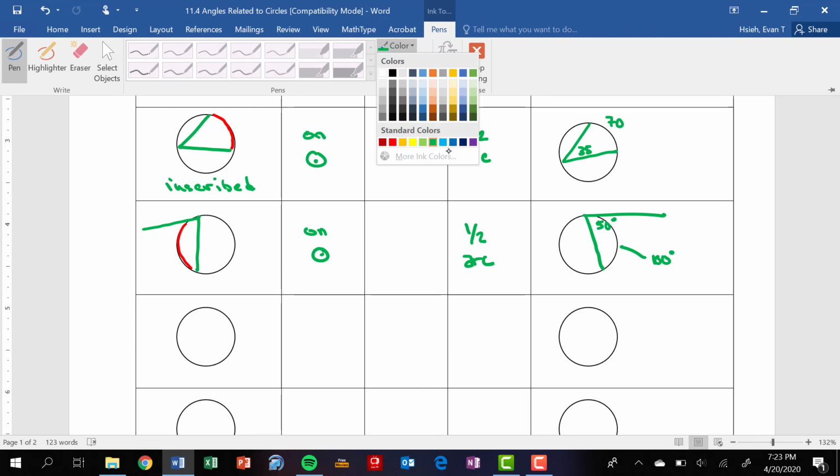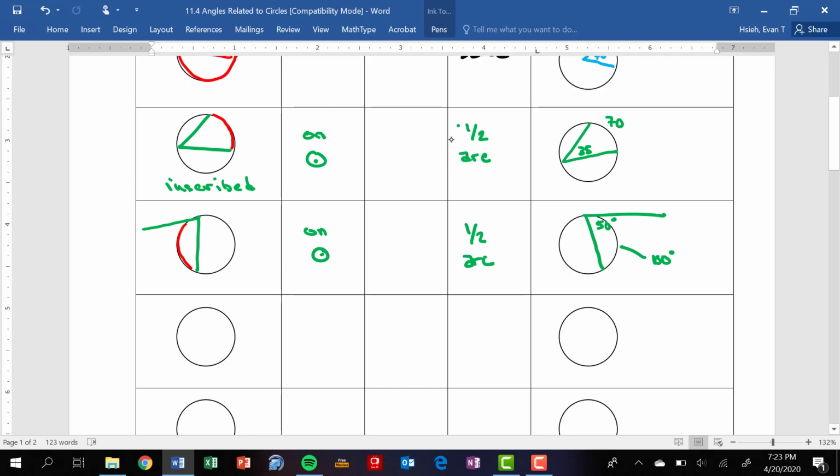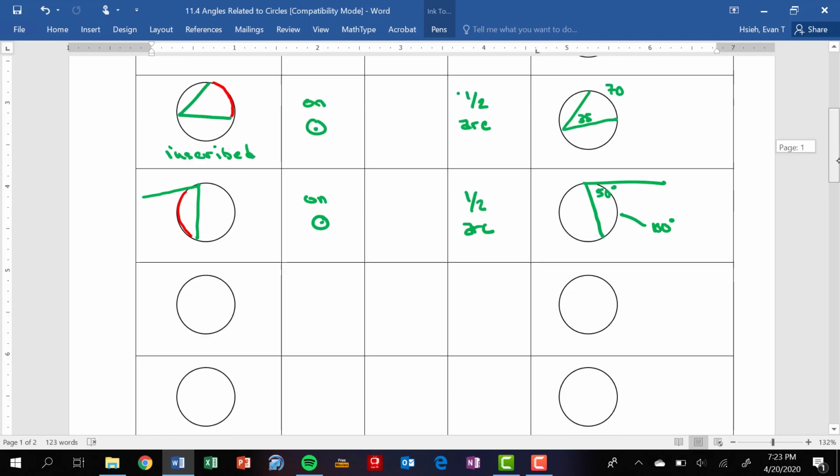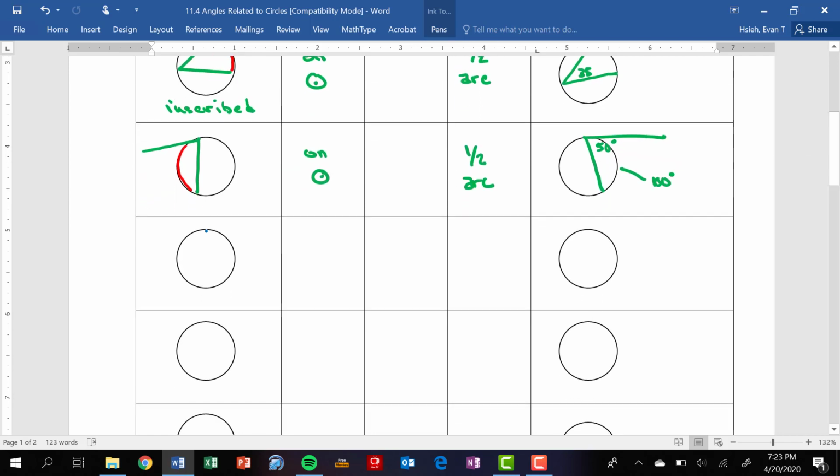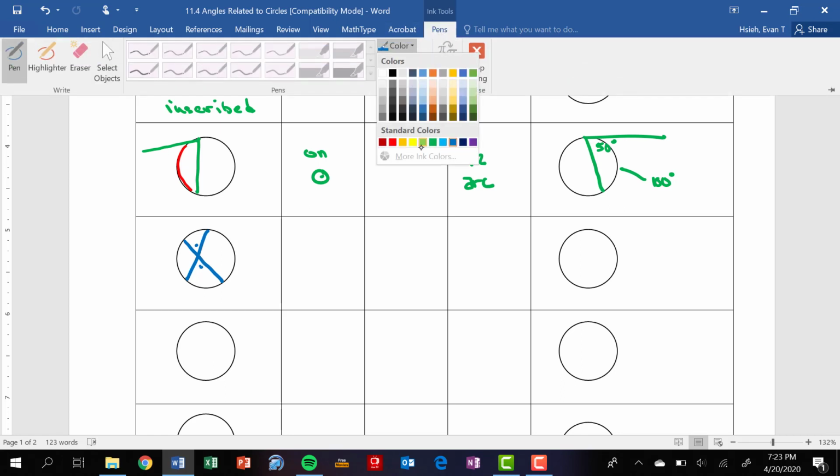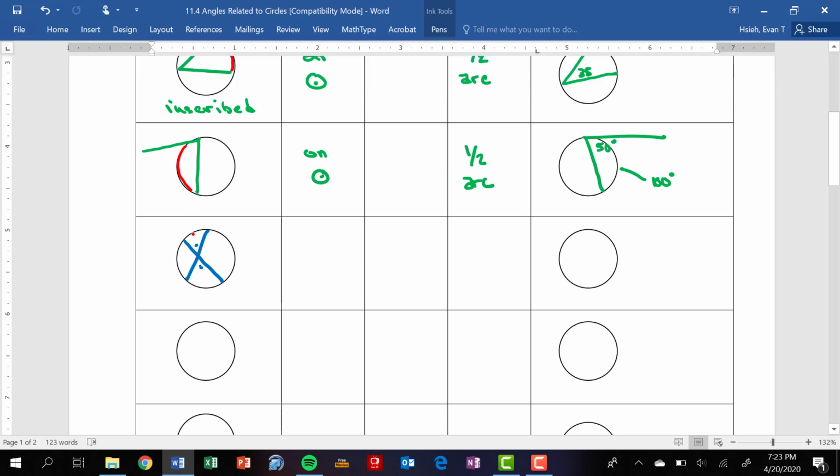The next type of angle is, we'll do a chord angle. So chord and then a chord. And the angles that we're talking about getting are these two angles here. Hopefully you can see that they're the same because they're vertical angles. And the intercepted arcs, or the arcs that it's eating, for those two angles would be this one and that one right there.